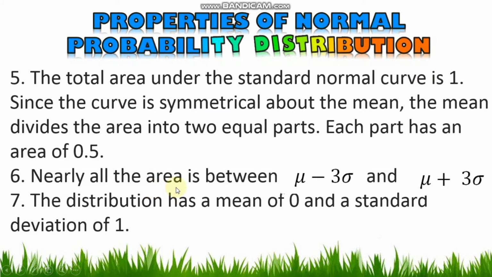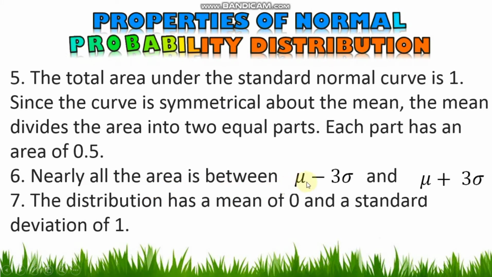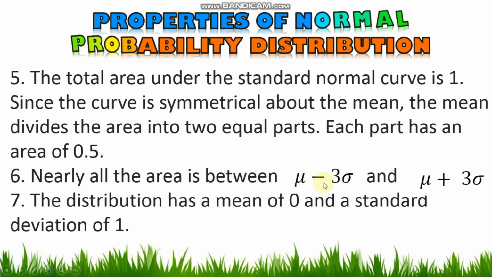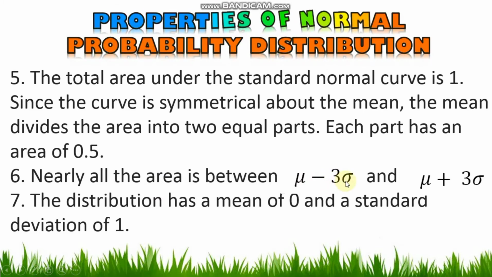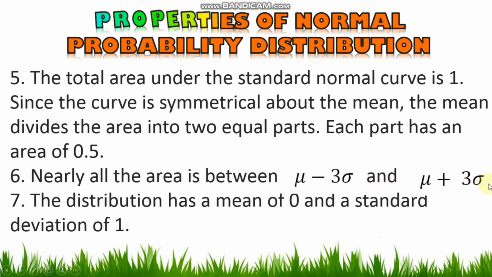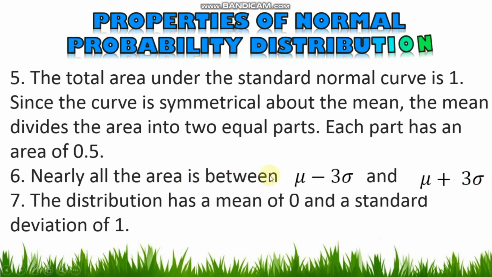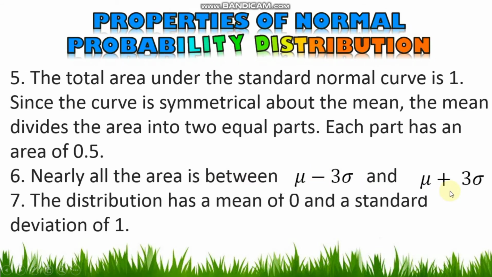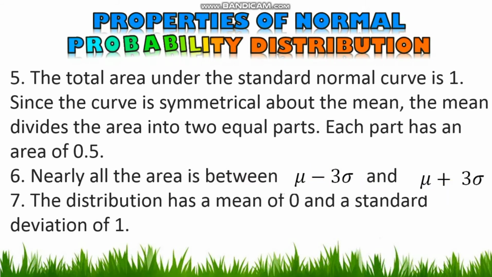And then next, nearly all the area is between the mean minus 3 standard deviations and the mean plus 3 standard deviations. Ang ibig sabihin lang nito, class, is the area is between negative 3 and positive 3.